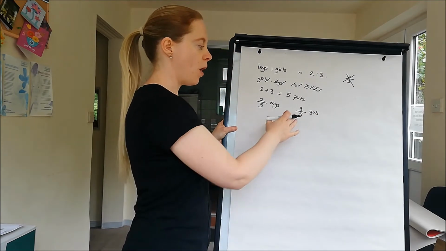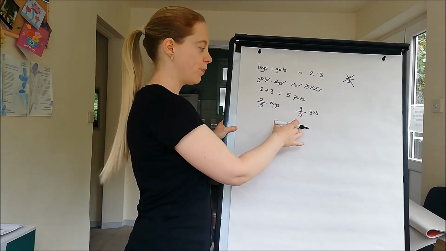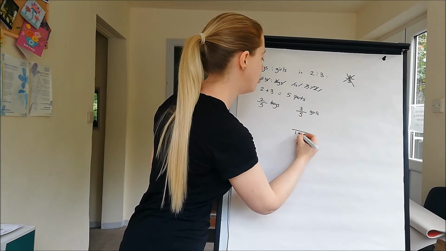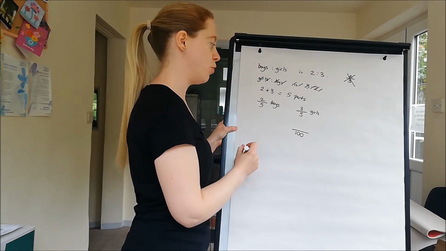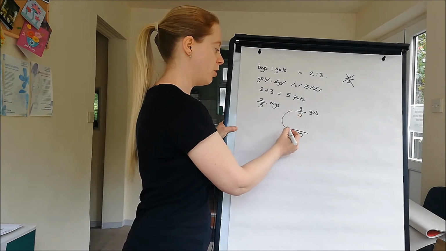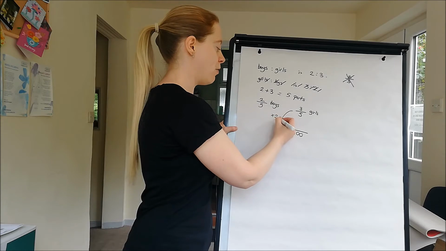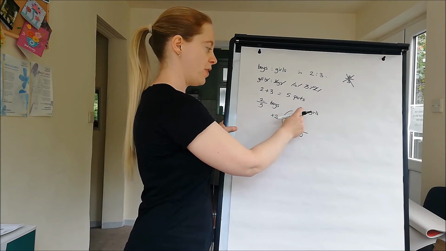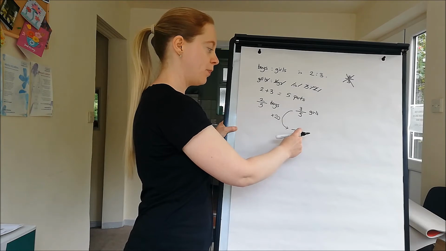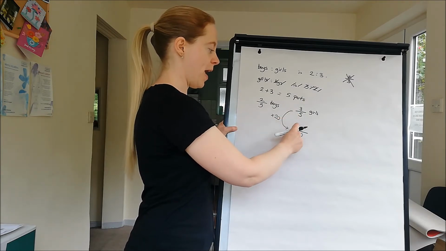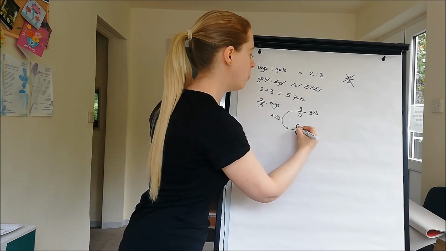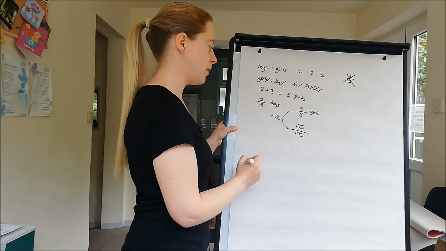So if they asked what percentage were girls, percent literally means for every 100 or out of 100. So if 3 out of 5 are girls, then we can scale that fraction up to something out of 100 by timesing the bottom by 20. And because we're timesing the bottom by 20, to keep the fraction representing the same portion, we've got to times the top by 20 as well.